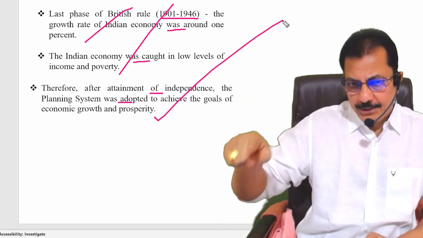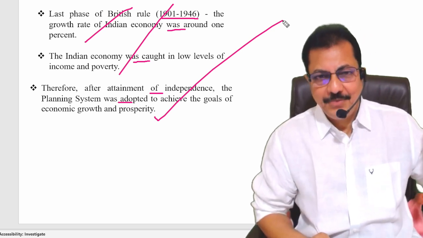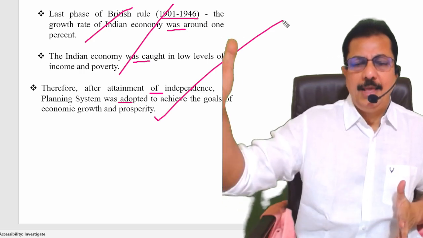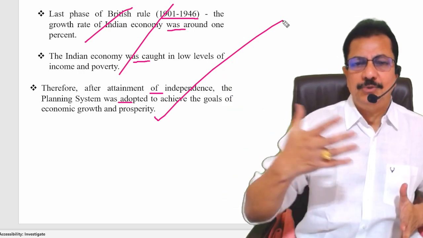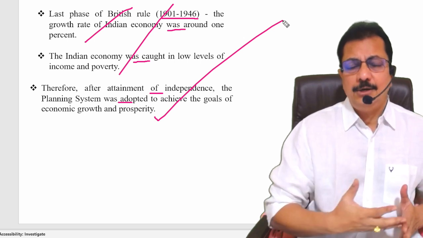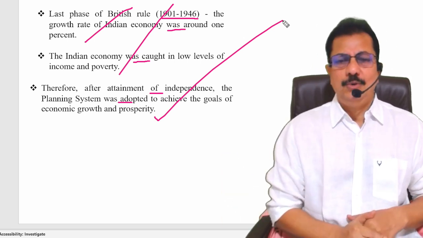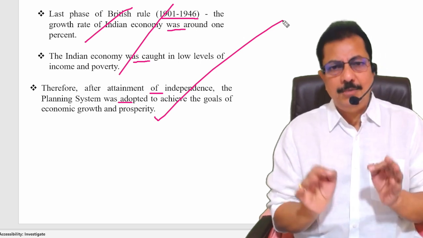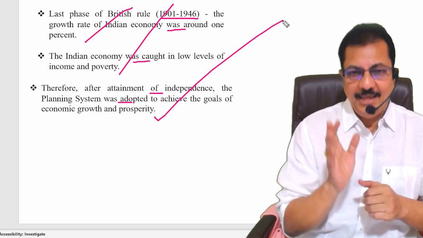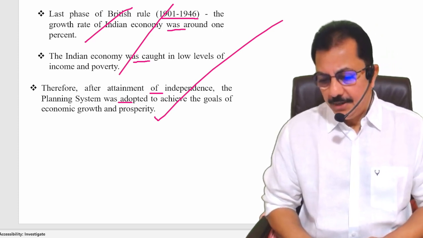In order to achieve these objectives, we need solid planning. That is the reason why, in order to go for rapid economic growth, to achieve prosperity, social justice, larger expansion of employment, and sustainable economic growth, India has adopted planning. Am I clear? Yes. Now, let's go ahead.